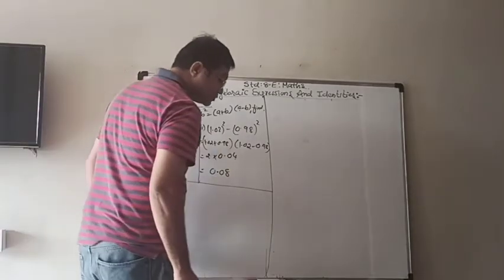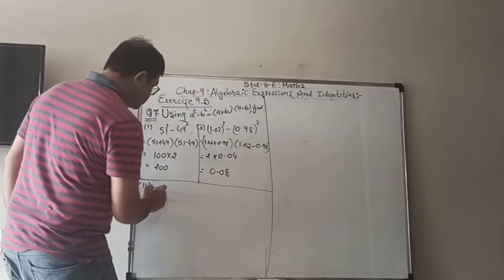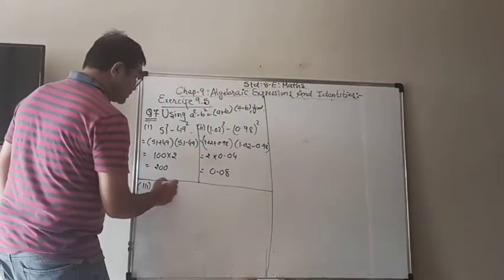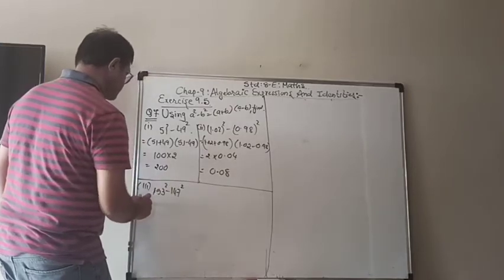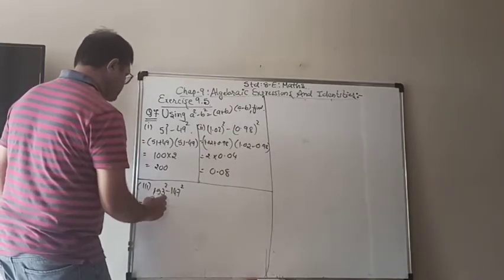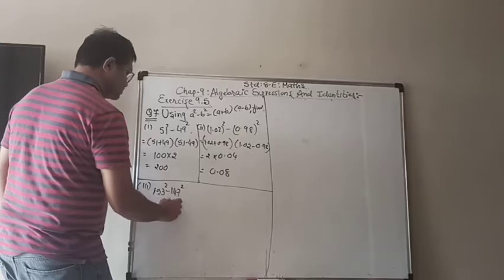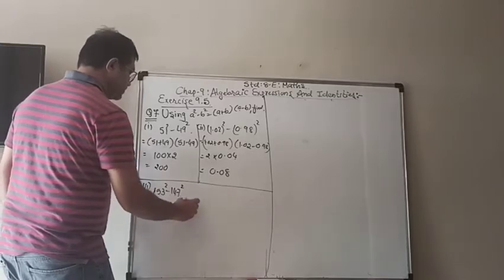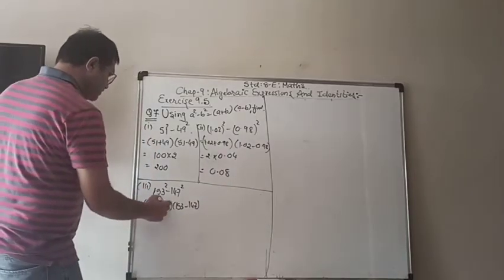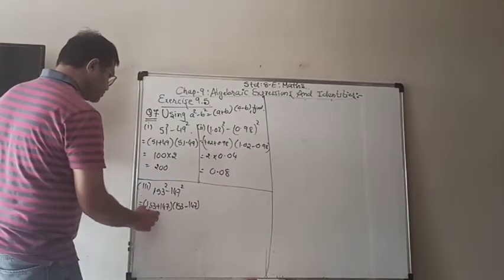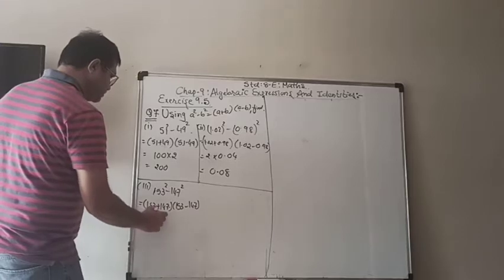Third one. 153 whole square minus 147 square. So 153 plus 147, 153 minus 147, that is 300.